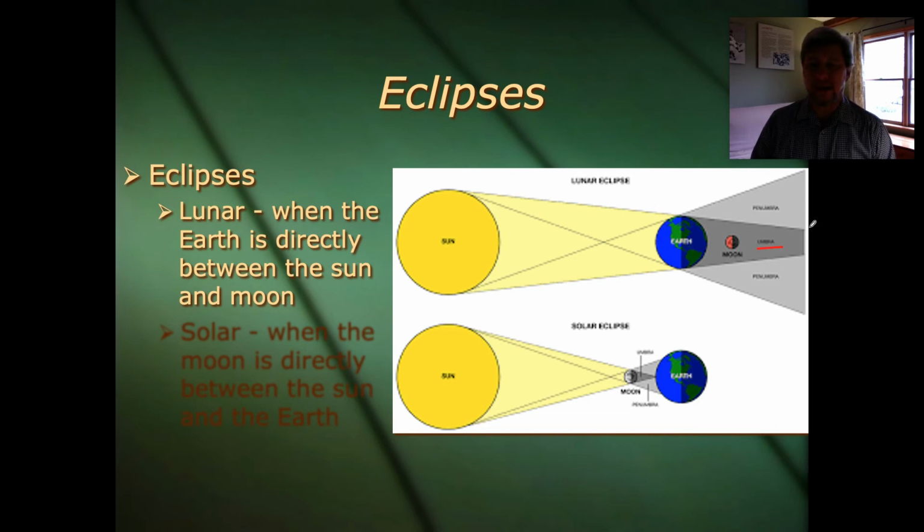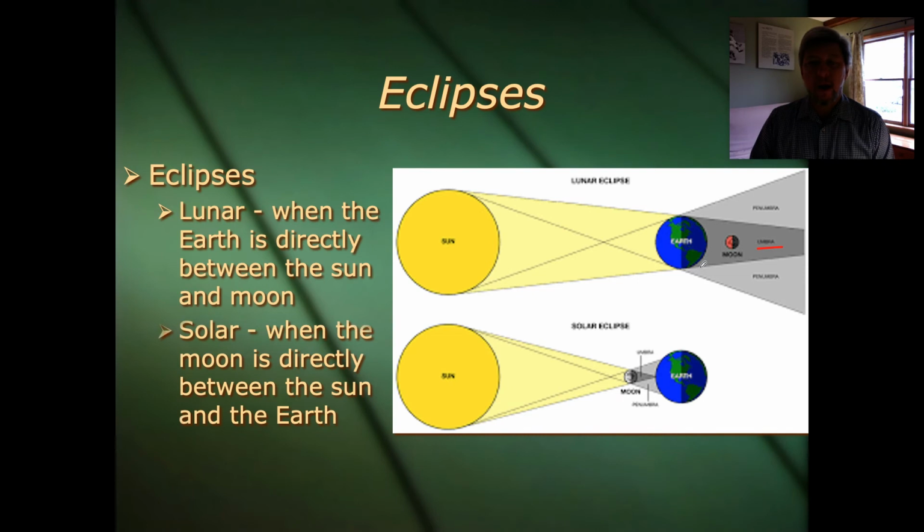I know it's hard to read on this slide. And that's a very, very dark shadow because the Earth is literally right in the way of the sun's rays toward the moon. And so in the umbra, the moon completely disappears. All right, it's completely overshadowed by the shadow of the Earth.